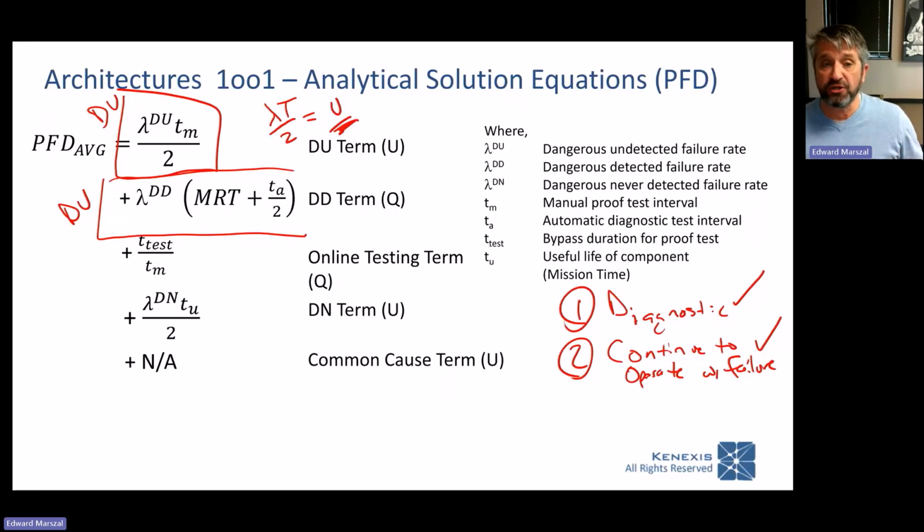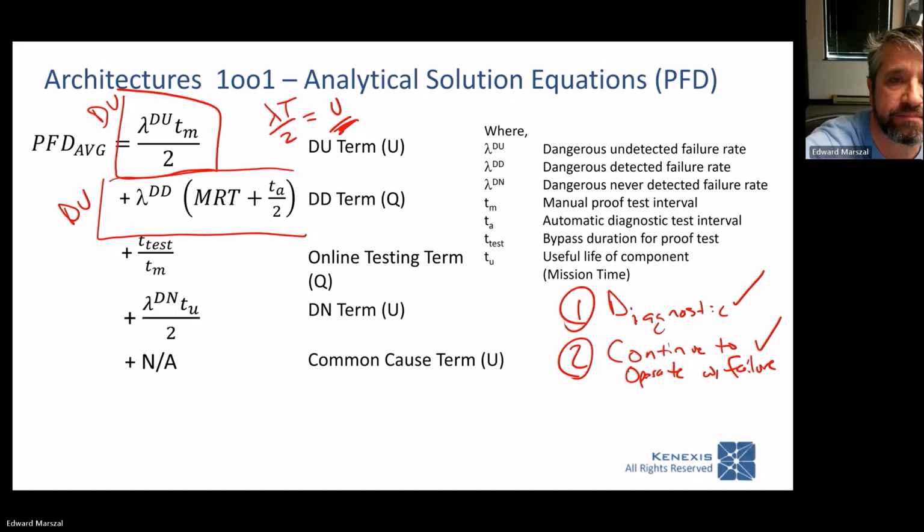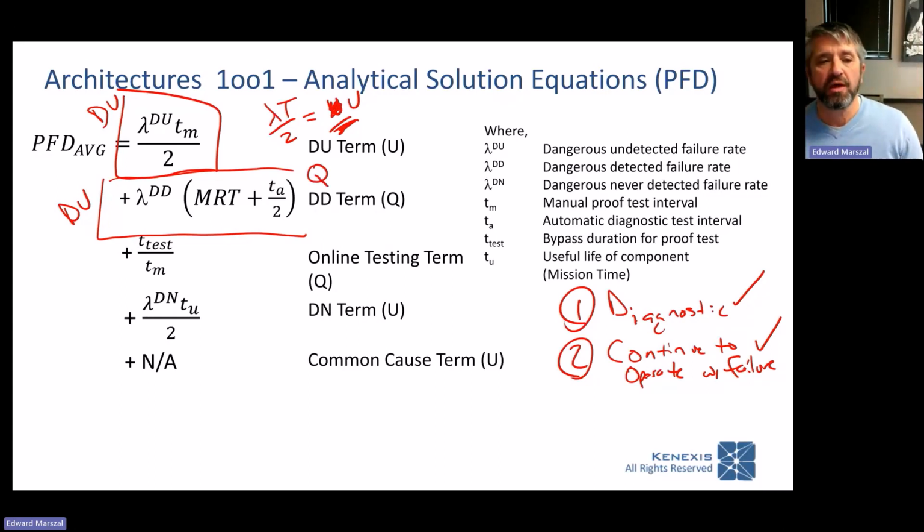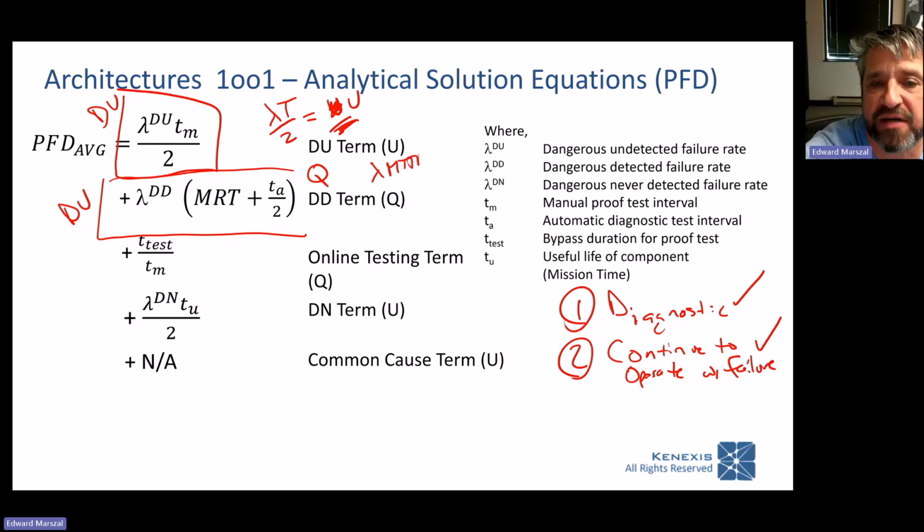So we're going to use a Q. This term is an unavailability, and the simplified equation for unavailability is lambda times the mean time to repair, lambda MTTR, mean time to restore.